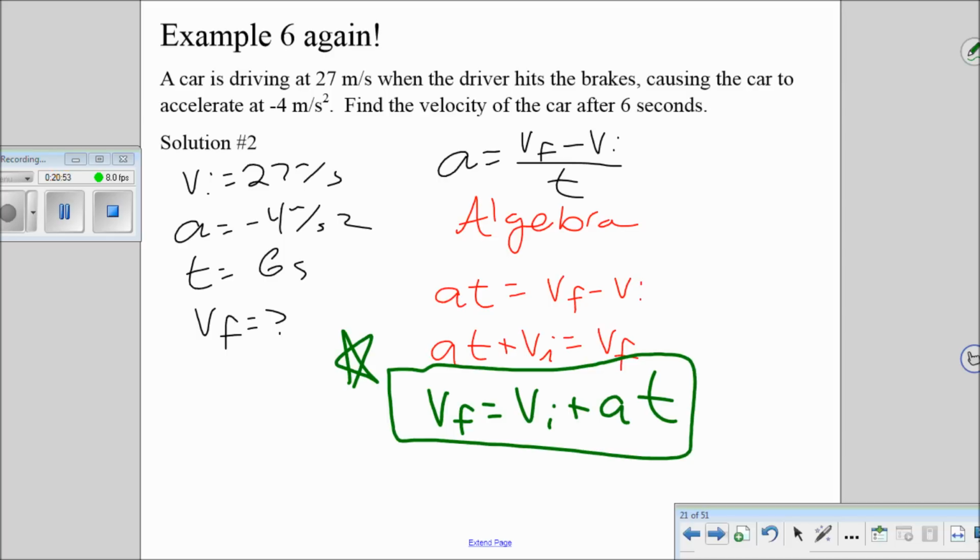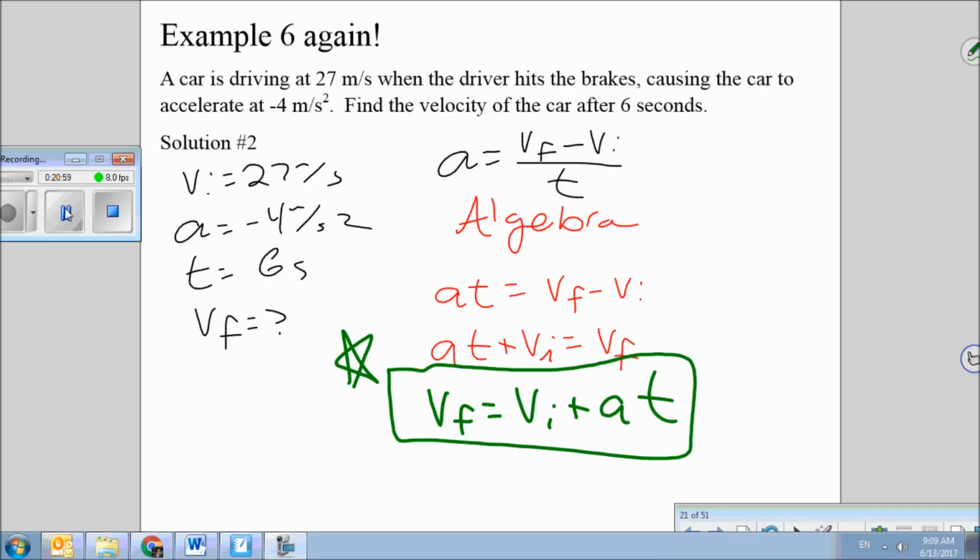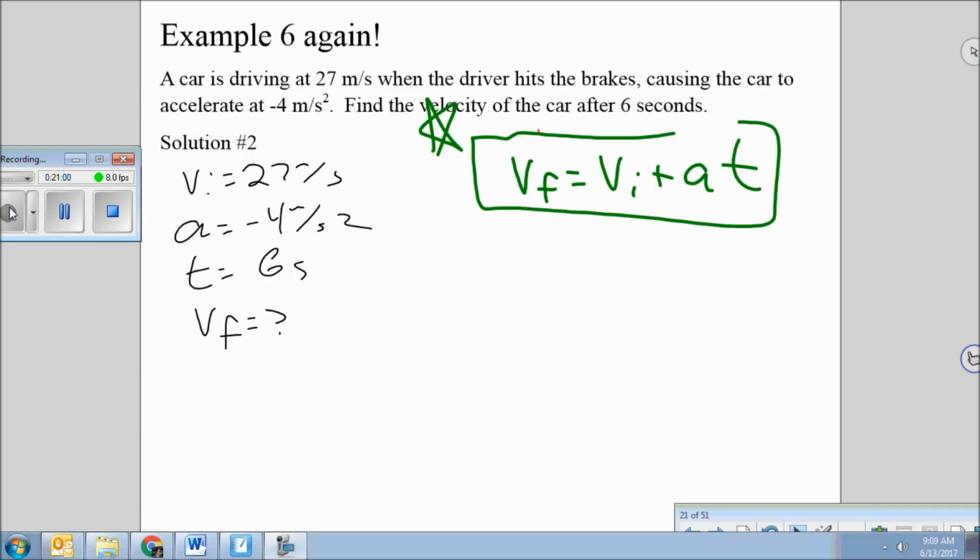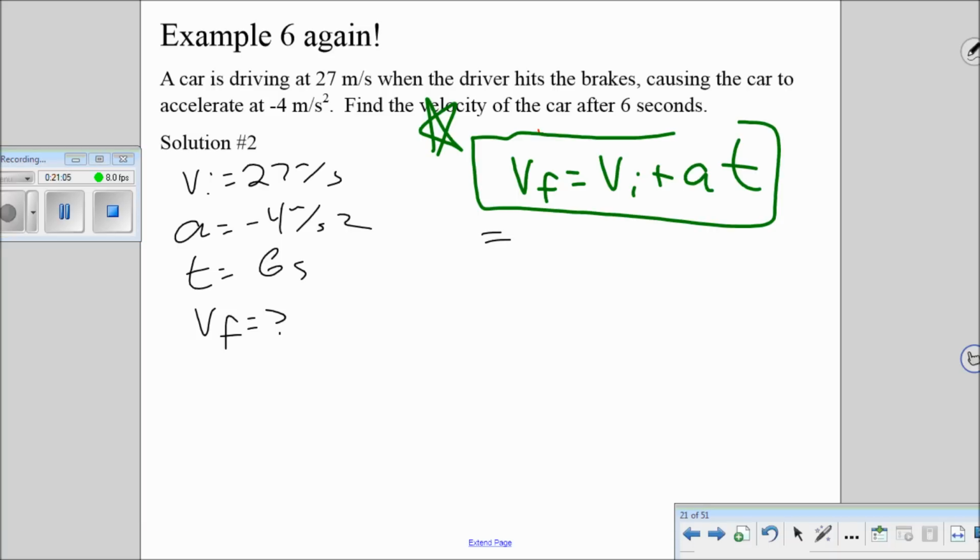All right. What I want you to see here is that this equation does the exact same thing that we just did by using the chart. So let's plug in the numbers so you can see what I'm talking about. Our velocity Vi is 27 meters a second. That means that we began at 27 meters a second. And then our acceleration is negative 4.